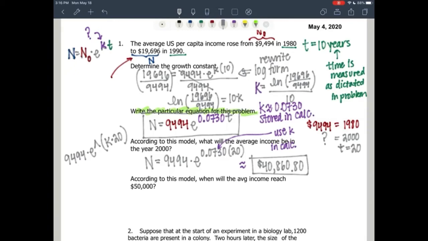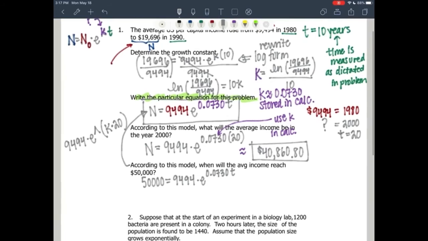Okay, now, according to this model, so now we're going back to that model, when will the average income reach $50,000? So now they're asking us, hey, put a $50,000 in for your end amount and tell us the time. So I'm writing down the 4 decimal place number for K, but when I put that into my calculator, I'm using alpha K, the stored value. I'm going to divide both sides by 9494.